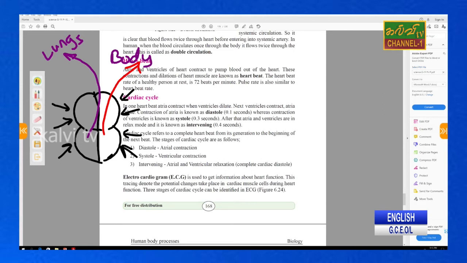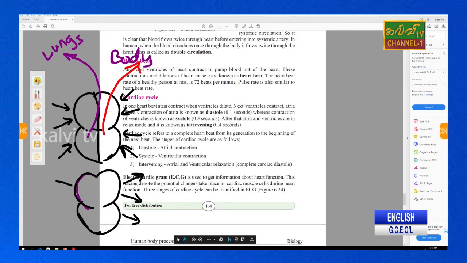When it's dilation, when the heart is in dilation, when it moves here, becoming a big size, what happened? The blood will reach the heart. At the same time, the blood will reach the heart.